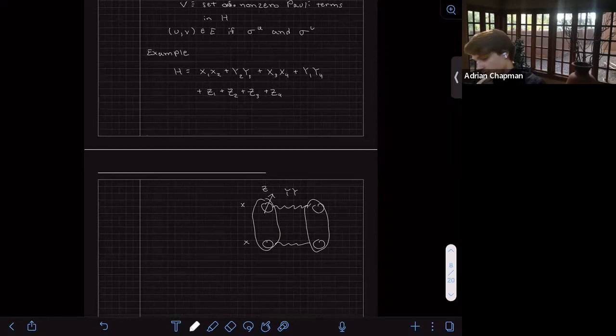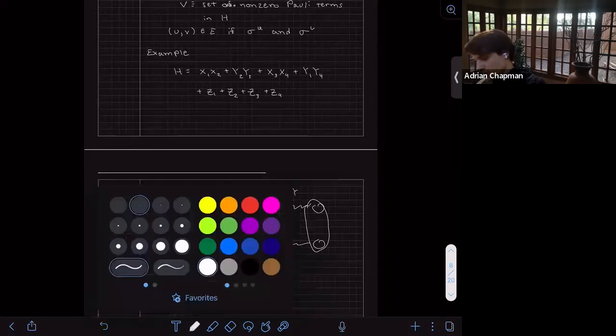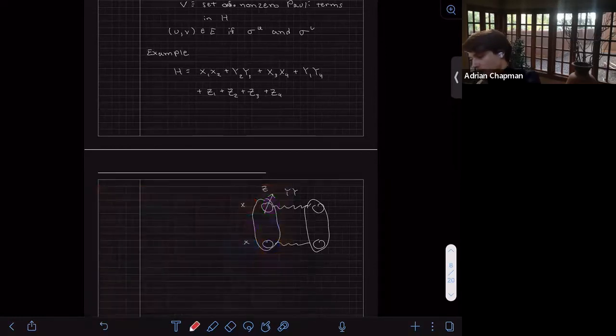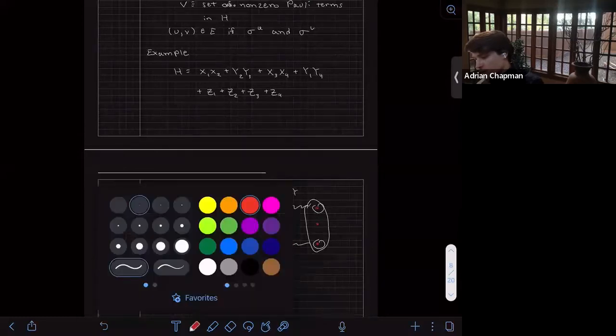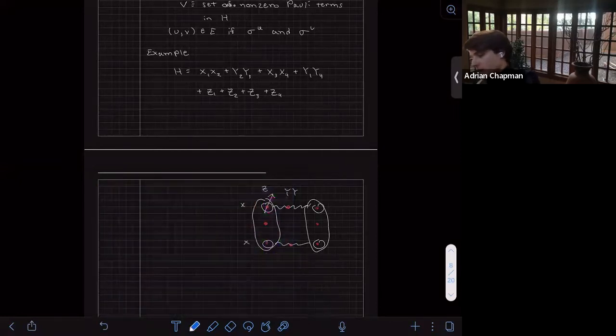So let me just change colors quickly. Each interaction type corresponds to a vertex on the graph. So in this case, there are 8. And then in this case also, Z anti-commutes with X and Y, which also anti-commute with each other.